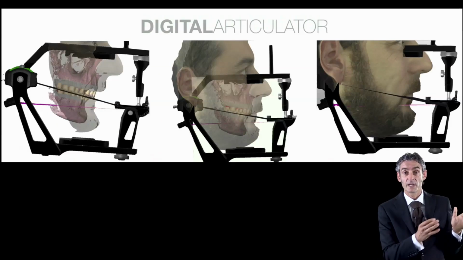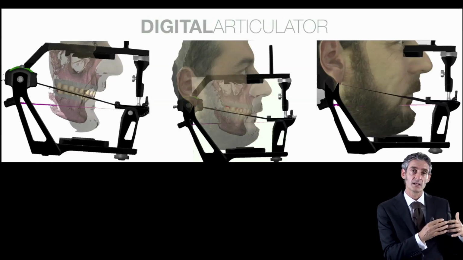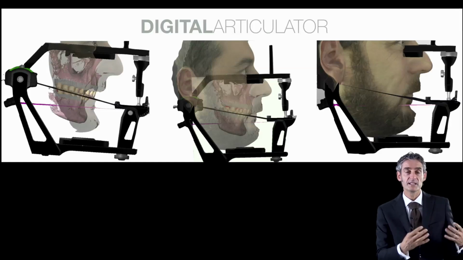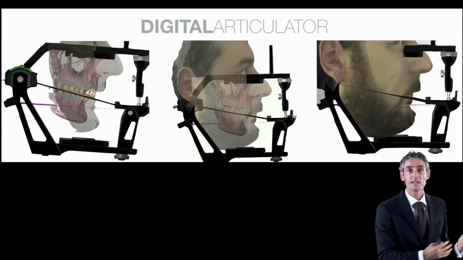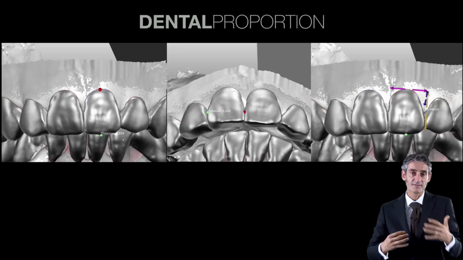Remember that we can have a digital articulator, so also from a functional point of view, our mock-up or our rehabilitation in digital dentistry can be perfect as we do normally in the traditional path. And for sure, we have so many evaluations that we can do.